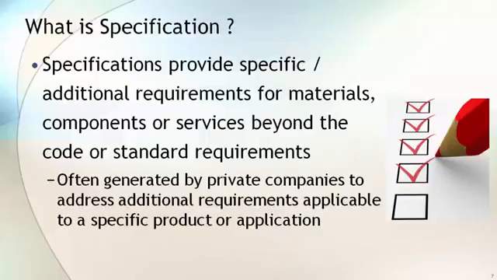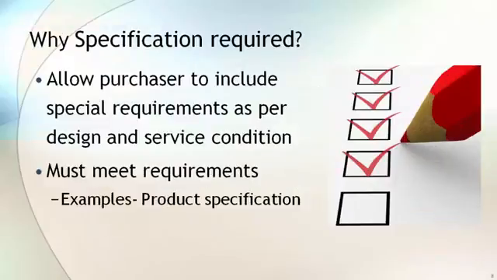Specifications are generally generated by private companies to address additional requirements applicable to specific products or services. Why is specification required? Specification allows the purchaser to include special requirements as per the design and service condition. It allows you to customize your product. Please note, requirements in a specification are must-meet requirements.